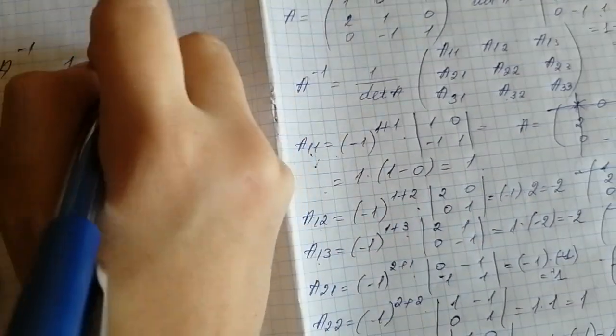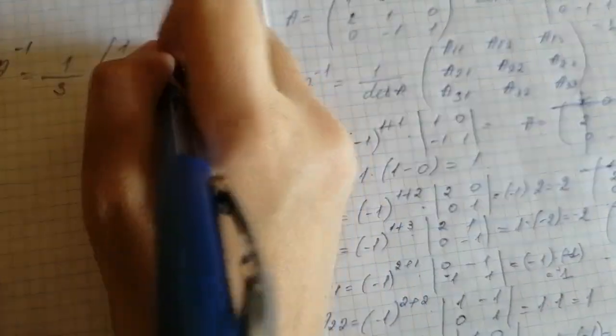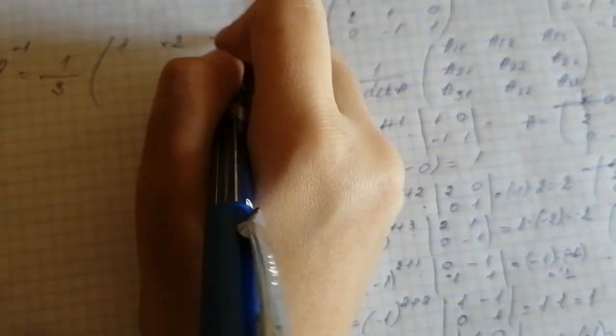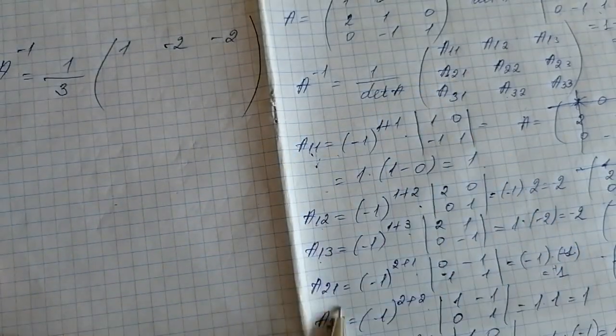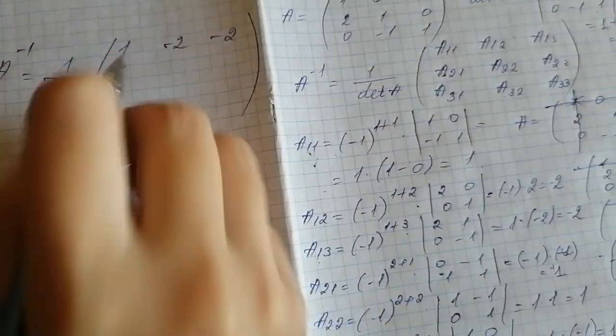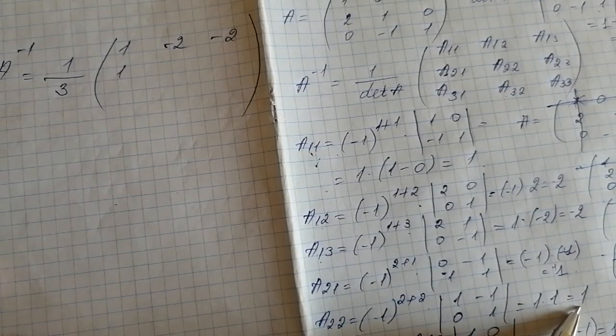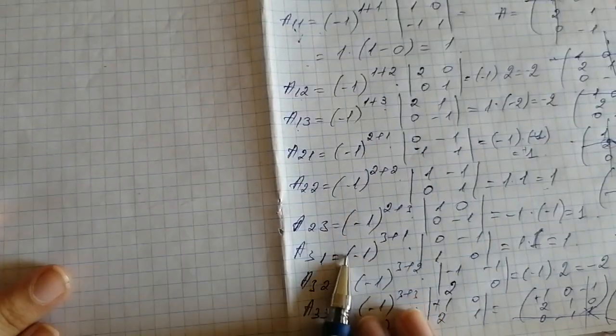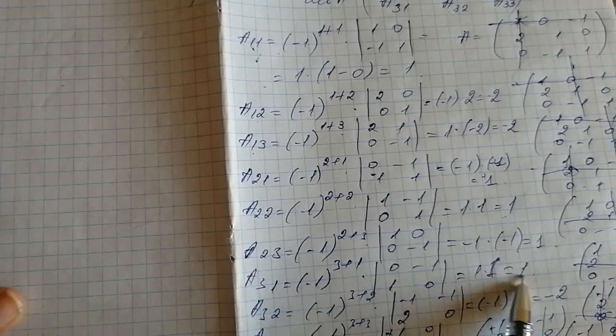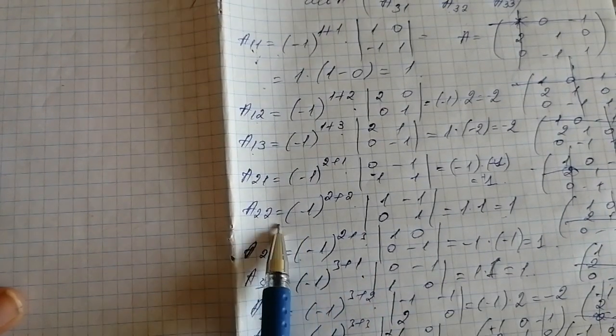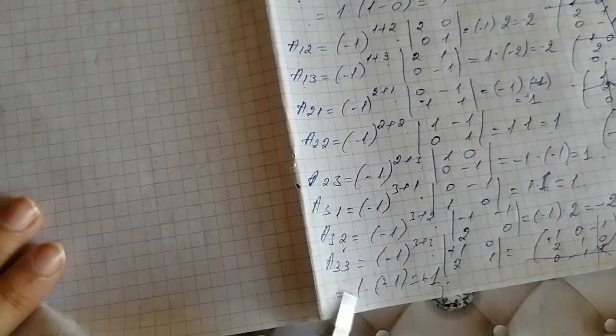A11 is equal to 1, A12 is equal to negative 2, A13 is equal to negative 2, A21 is 1, A22 is 1, A23 is 1, then A31 is 1, A32 is negative 2, A33 is 1.